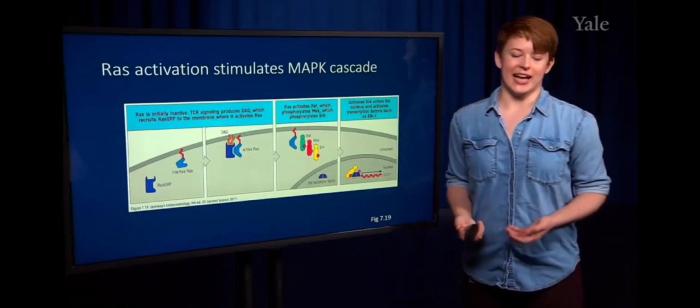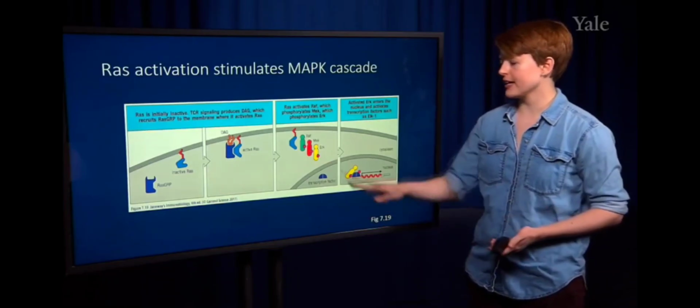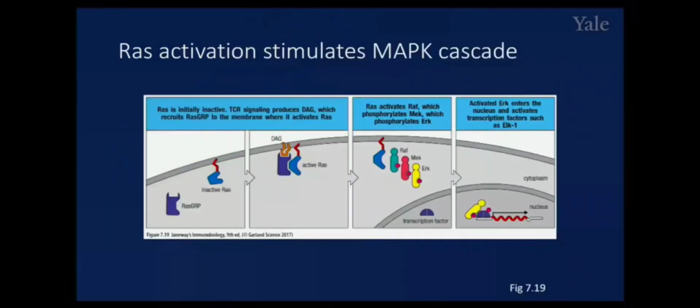Here you don't have to know the specific names of the MAP kinases, but these are some examples. RAF here is phosphorylated by RAS, which activates it. With this cascade, the generic names are easy to remember in some ways because they just build on each other.